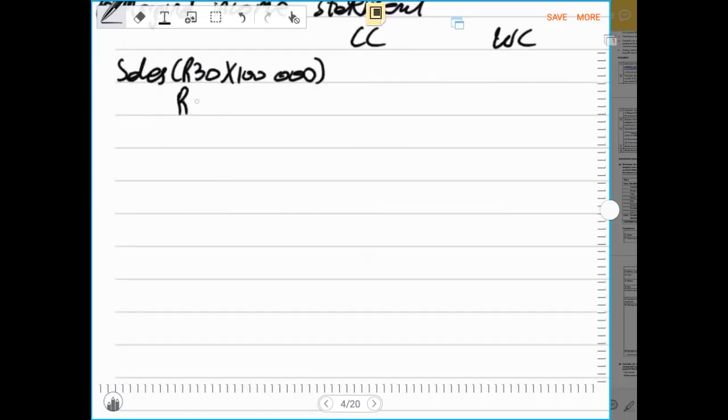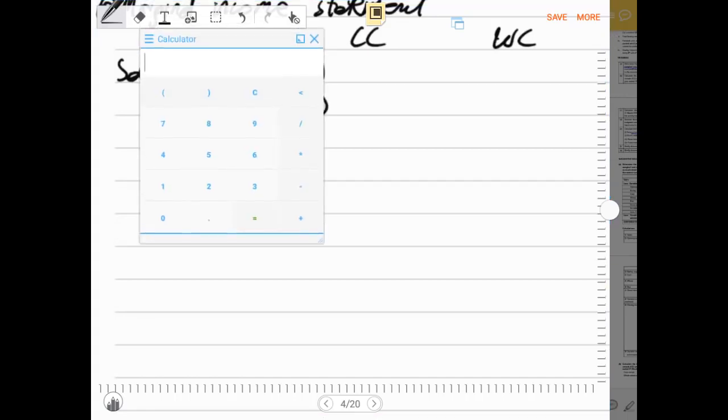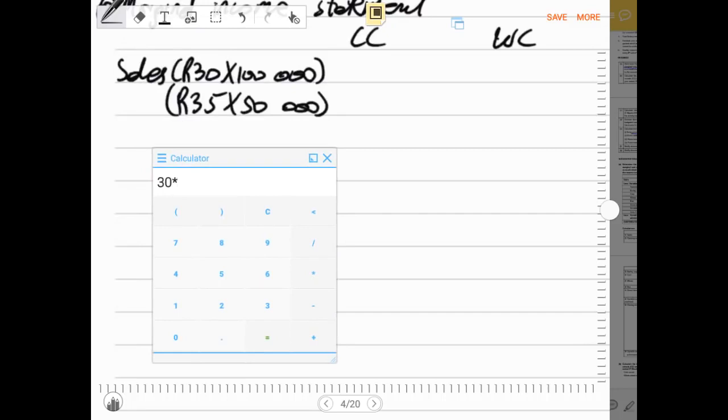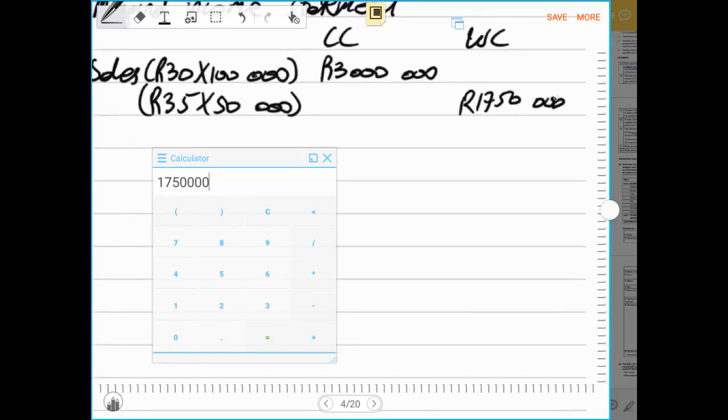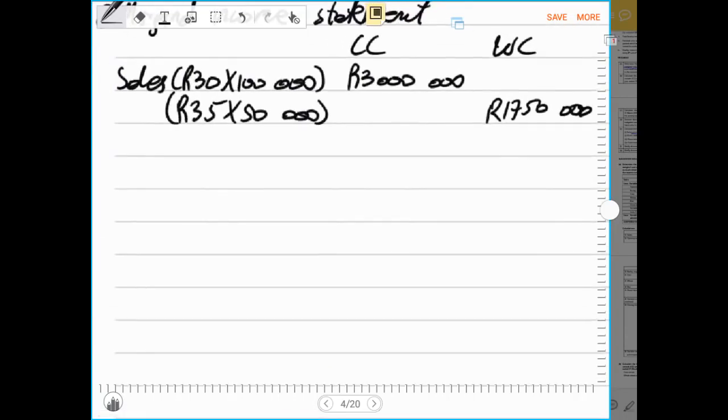For the second one, it will be 35 rand times 50,000 units that this company budgeted to sell. So now it will be 30 rand times 100,000 units, and this gives me 3 million rands as the sales revenue for the corn cereal. And 35 rand times 50,000 units that this company budgeted and actually sold is 1,750,000 rands of the sales revenue that this company budgeted to make at the end of its budgeted period.